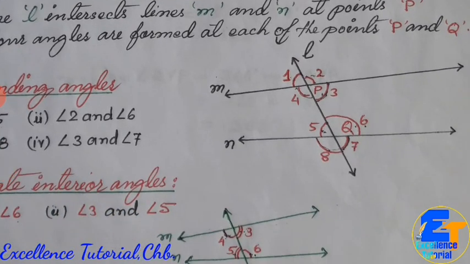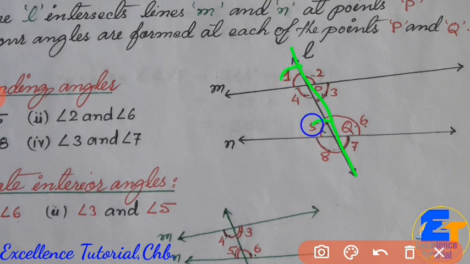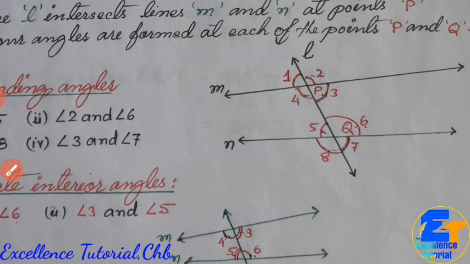First we are going to take the left side of the transversal. This is the transversal. So we are going to take any one angle which lies on the left of it. That means you may take this or this or this. These are the angles formed on the left of the transversal.